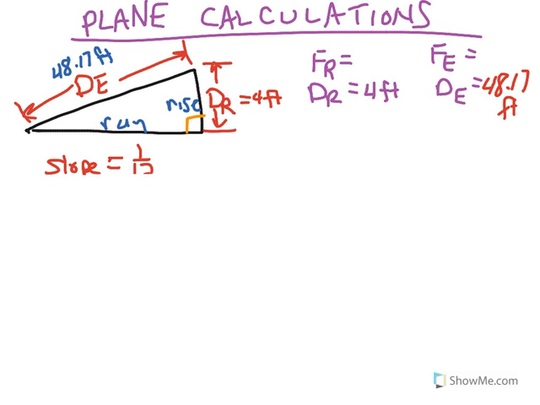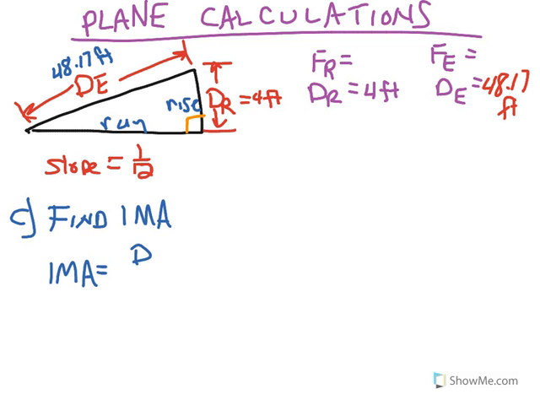What is the ideal mechanical advantage of the ramp? So this is asking for us to find ideal mechanical advantage. Ideal mechanical advantage is the distance of the effort divided by the distance of the resistance.